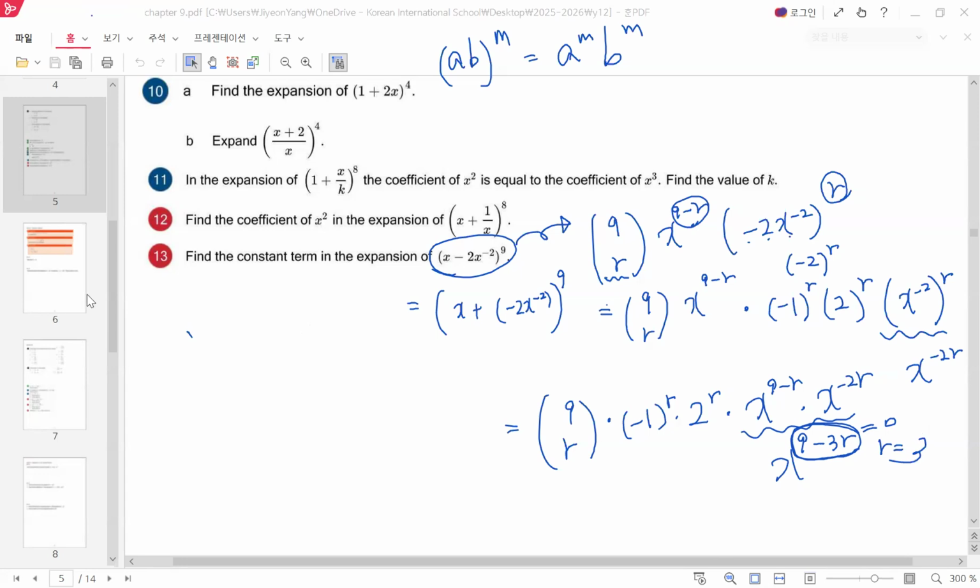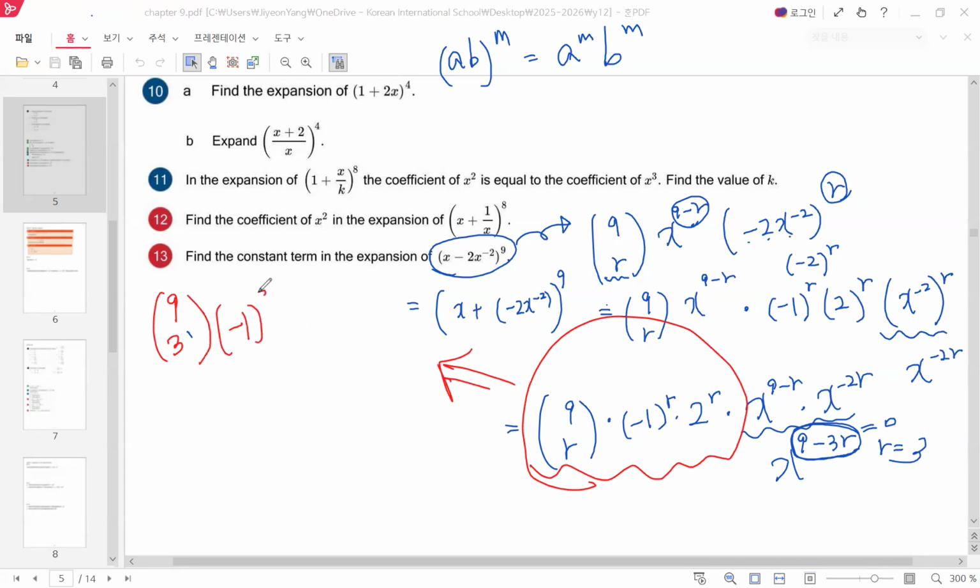To find the constant number, you need to calculate this part, which is 9 combination 3, negative 1 to the power of 3, and 2 to the power of 3. By using your calculator, what is 9 combination 3? 84. Negative 1 cubed, is it negative or positive?